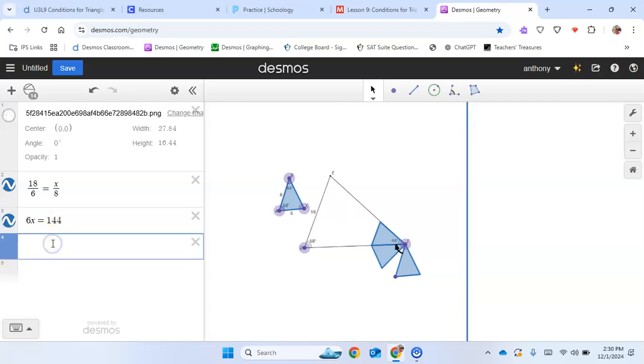And 6x divided by 6 is x, and 144 divided by 6 is 24.